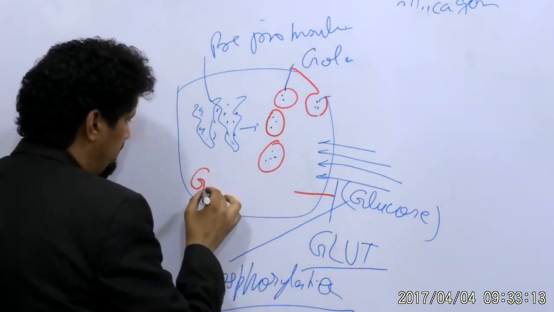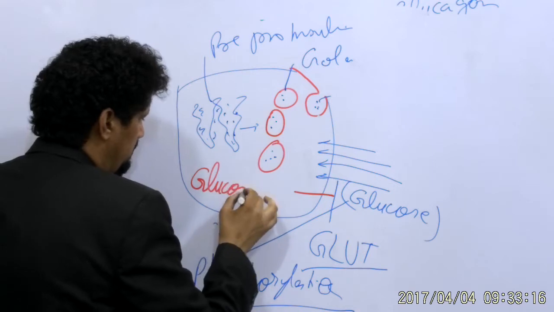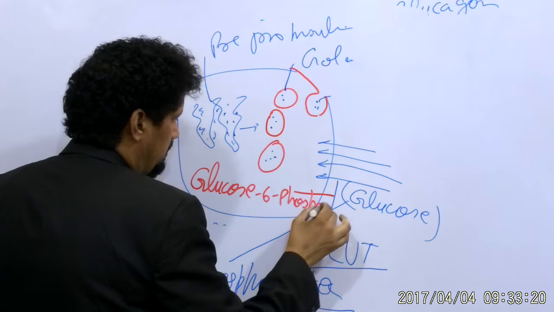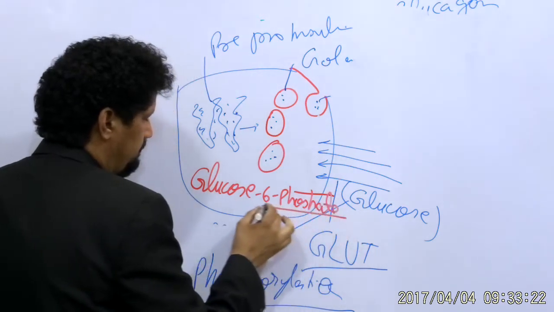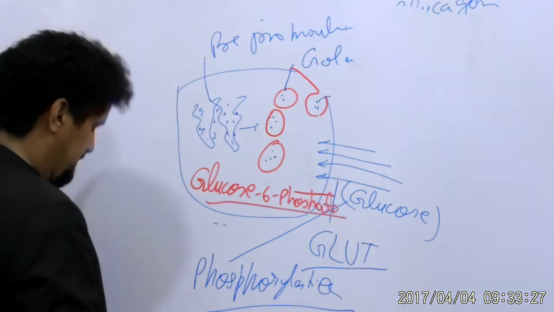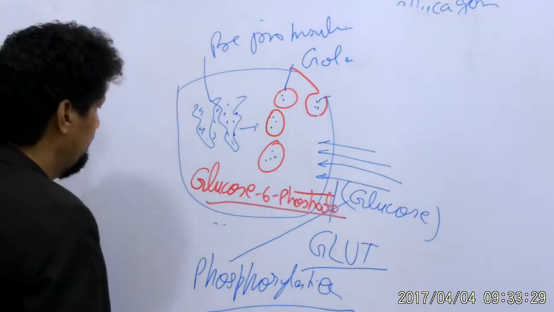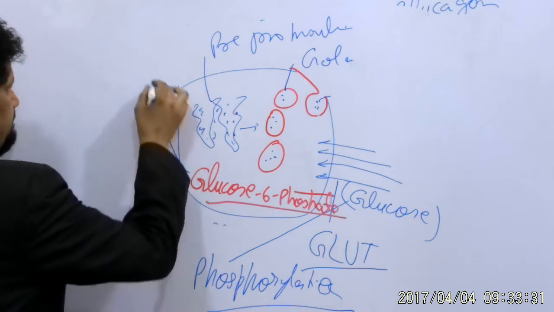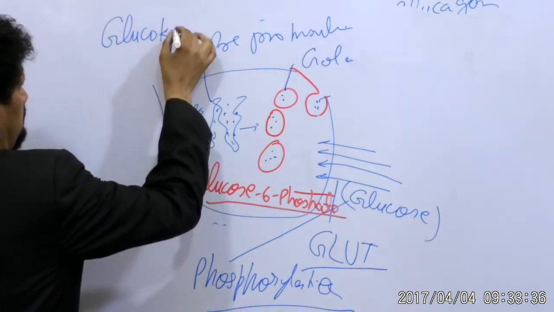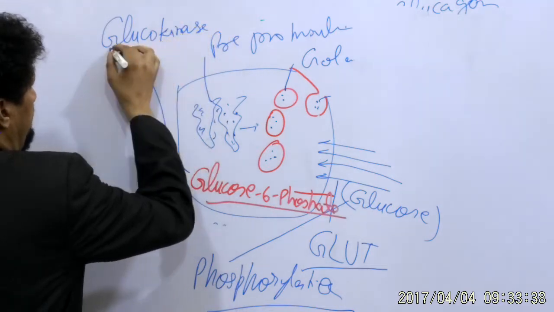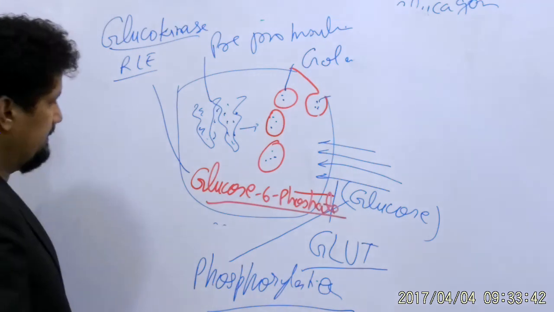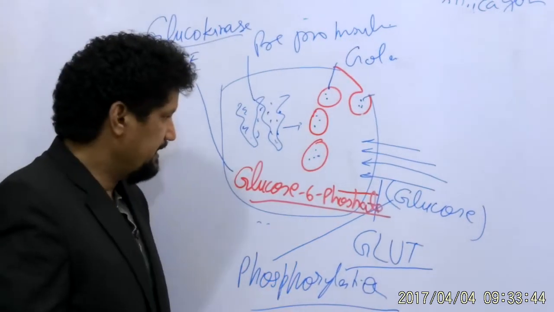It is forming glucose 6 phosphate, and glucokinase is rate limiting in this chemical reaction. Glucokinase is the rate limiting enzyme. In this reaction, what is happening here?